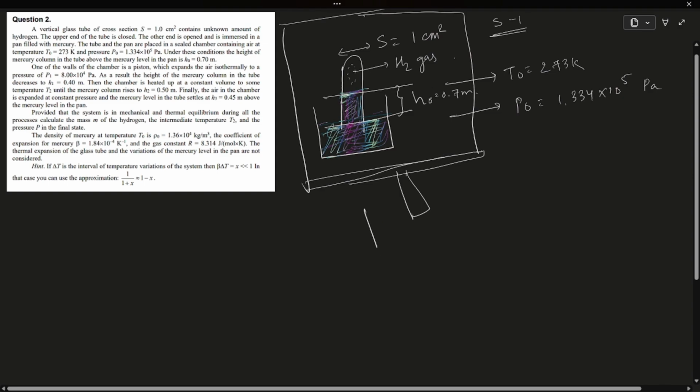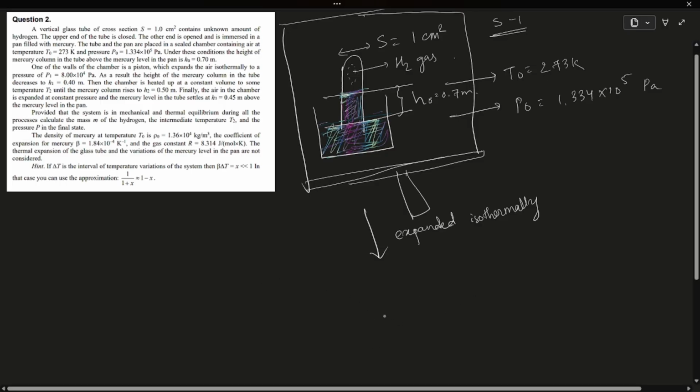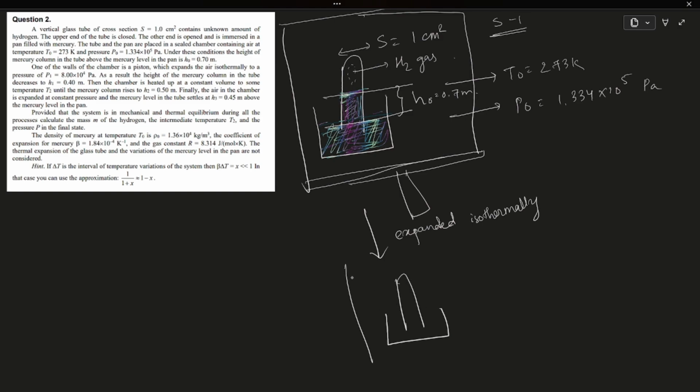Here is our setup. We expanded isothermally. That means temperature is constant, right? This is the pan. Sorry for my drawing. This is the pan. This is the tube, right? This is the chamber.